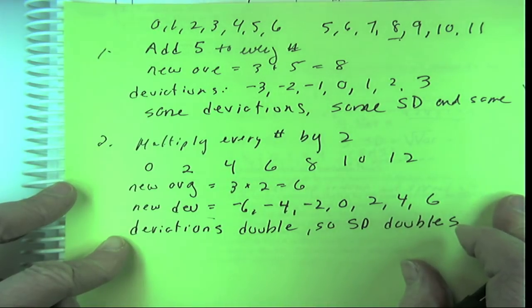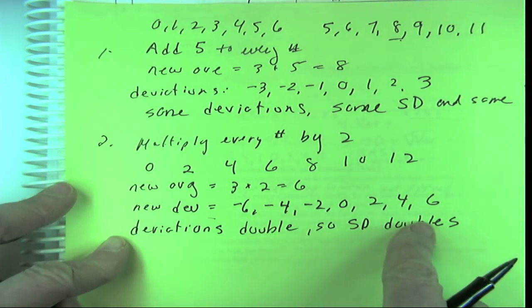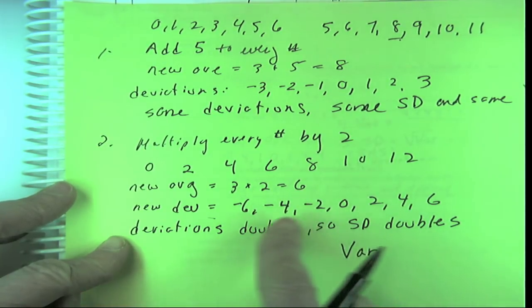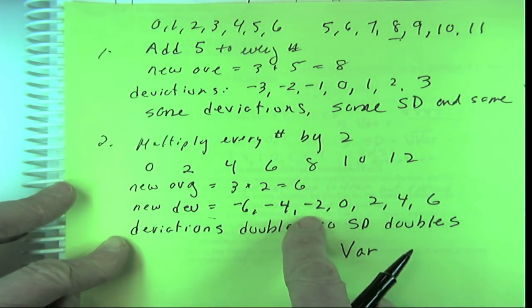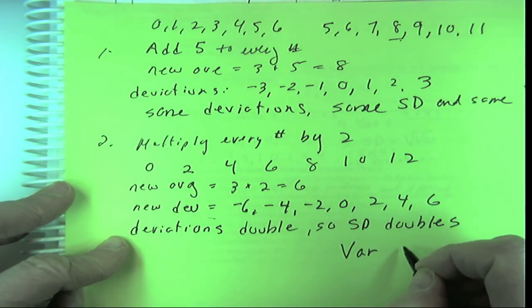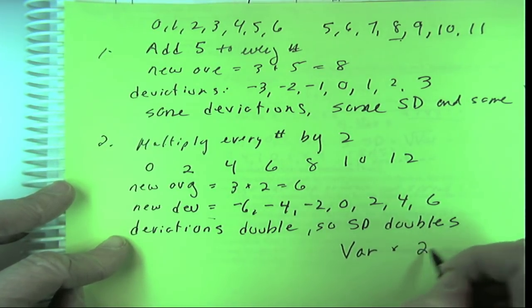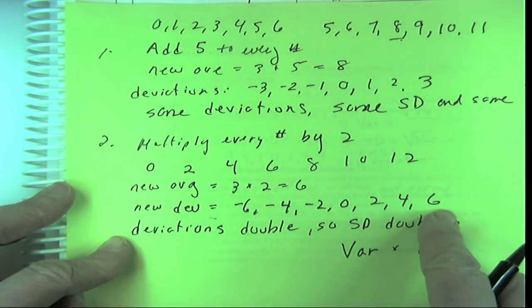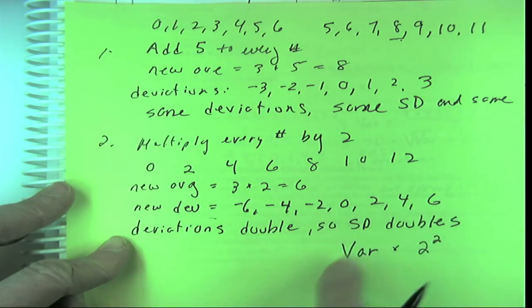But what would happen to the variance? The variance would get multiplied by what? It would quadruple, it would be times 2 squared, because the deviations are squared for the variance.